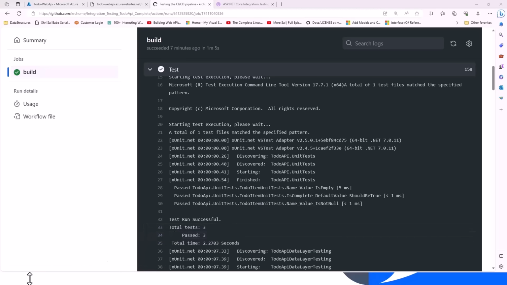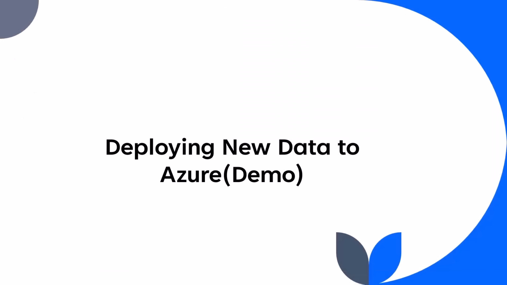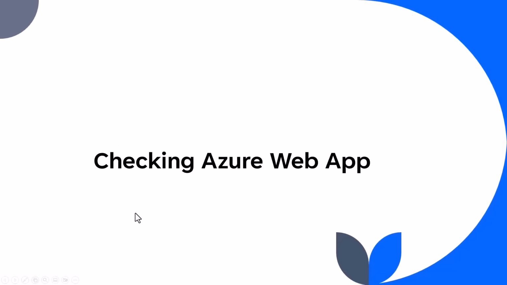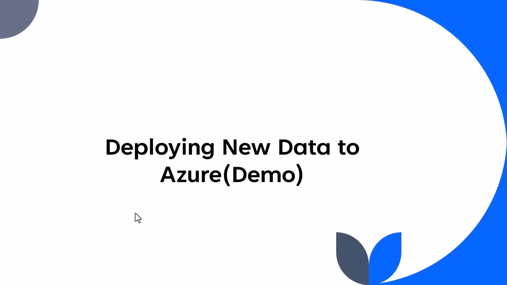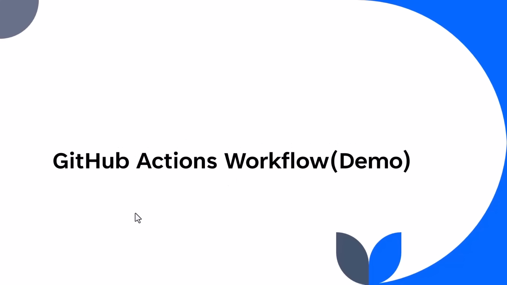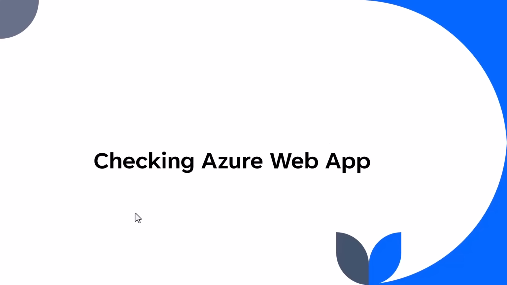Okay, so the next step is checking the Azure web app. The previous steps we've already done: the GitHub Actions workflow and deploying the new data to Azure. Now let's check the Azure web app.